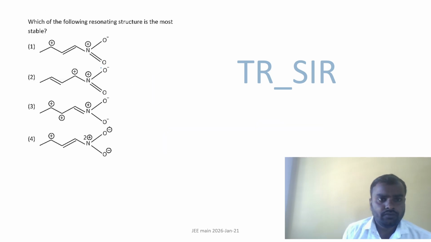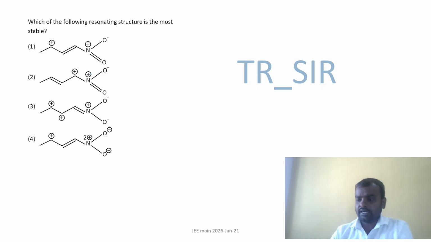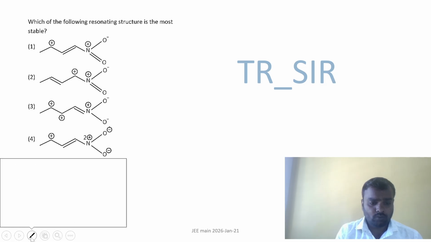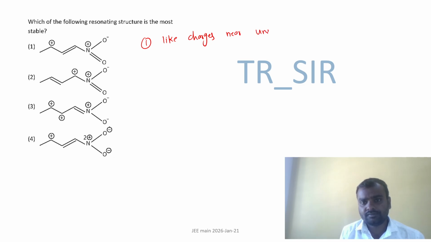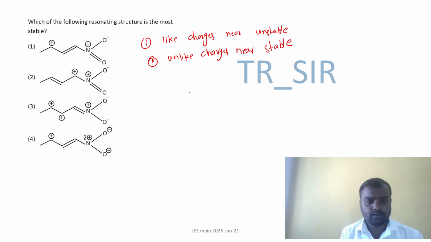Next question: which of the following is the most stable resonating structure? Now let us see what we have in this case. One point is that like charges near each other are unstable, and unlike charges near each other are stable.